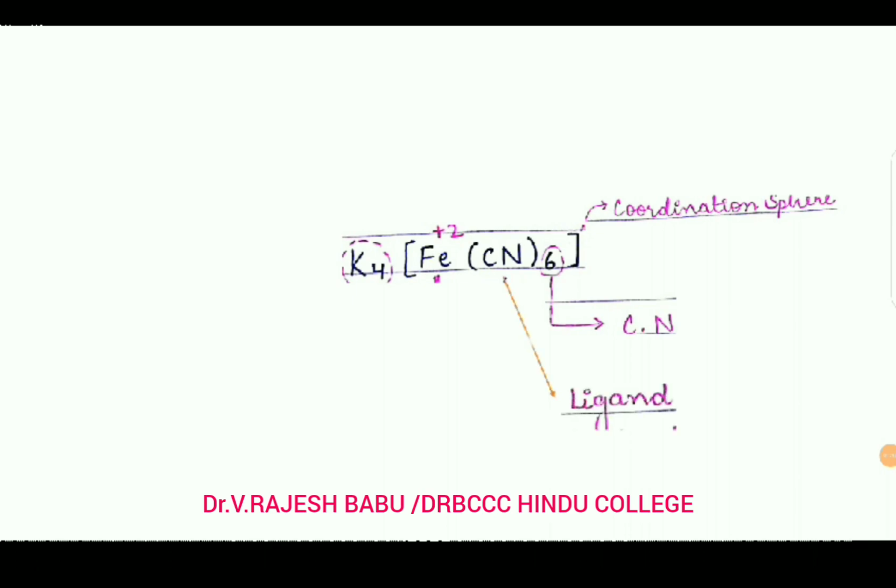And the third one is called a ligand. There are various types of ligands, positive, negative and neutral, but this is a negative ligand. And for the central metal atom, having vacant d orbitals is a must. This is the essential condition for a central metal atom.